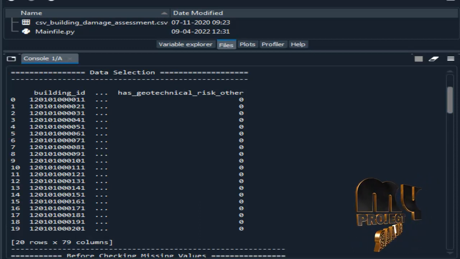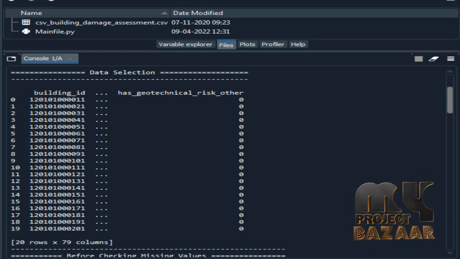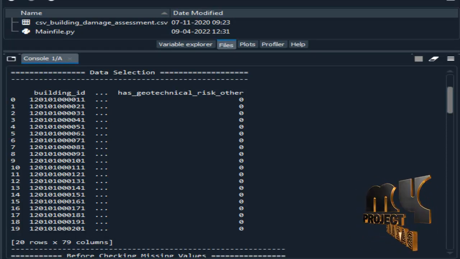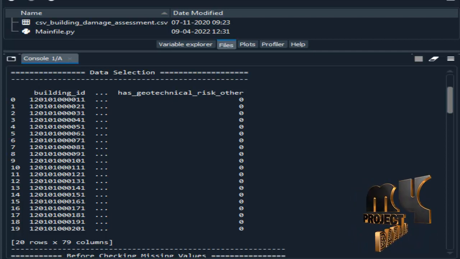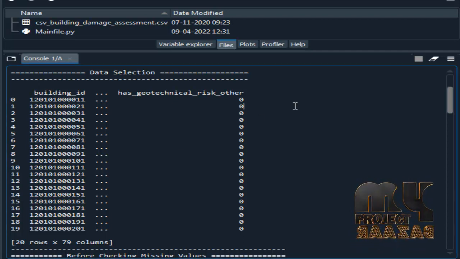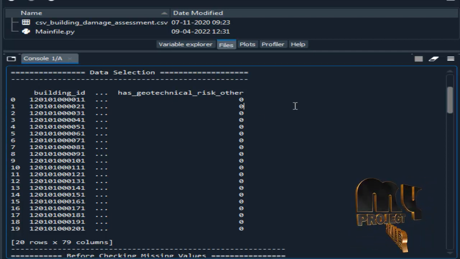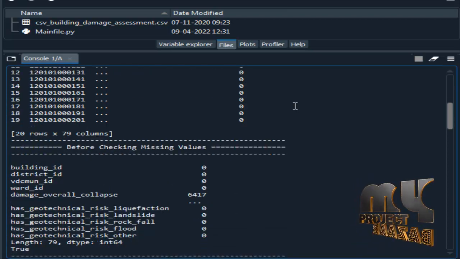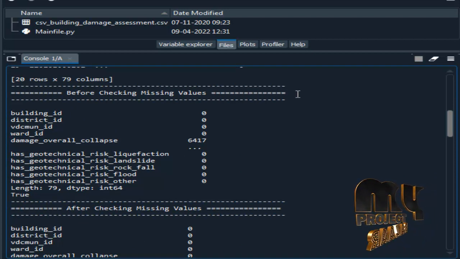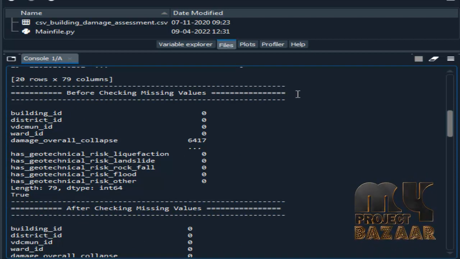This is the output, that is, the demo of our project. We are running our process in Spyder IDE from Anaconda Navigator. So this is the data selection. Here we display some samples of data from the data set. Then the data pre-processing module, where we check missing values.